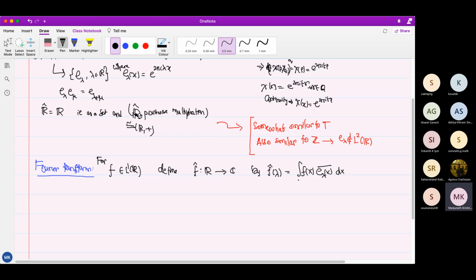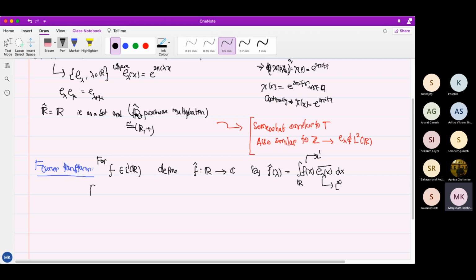Formally it looks like an inner product, but it's not an inner product. This is in L1 and this is in L infinity. That's why we can integrate. It's a bounded function, so if you put absolute value, it is integrable. This is well defined.